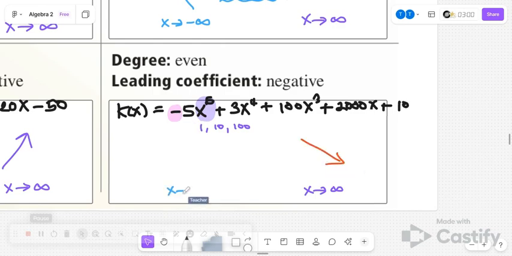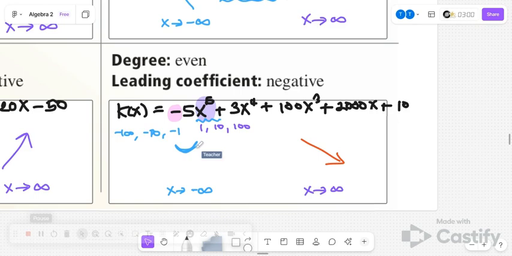And what about when x is decreasing, approaching negative infinity? What's going to happen? Negative 1, negative 10, and negative 100 keeps going down, right? But the negative sign with this even exponent doesn't do anything. This is going to be symmetric because of that even degree, even exponent.